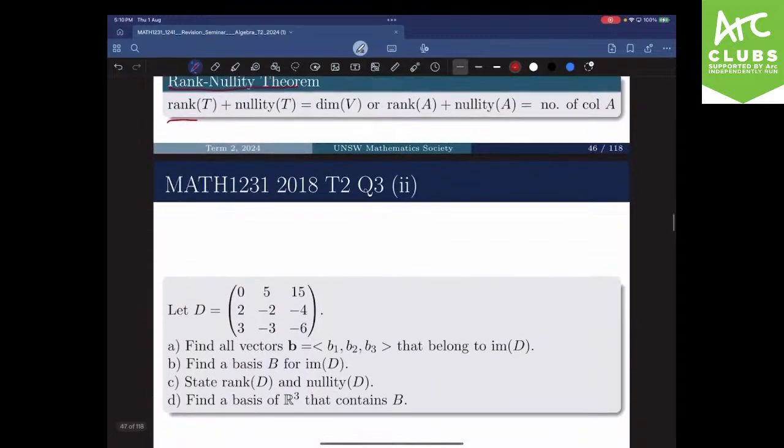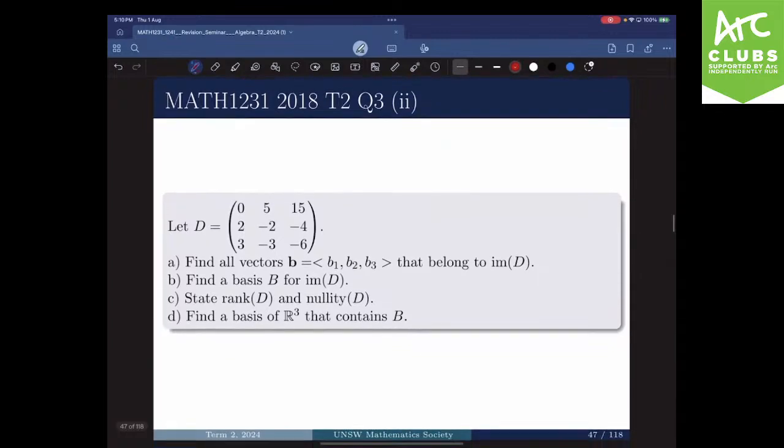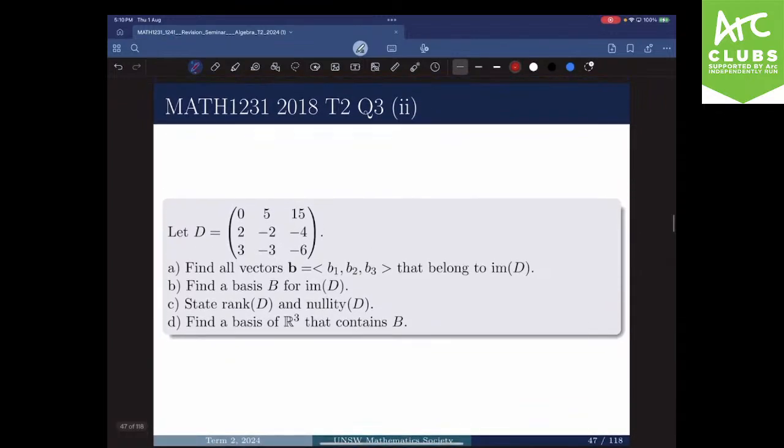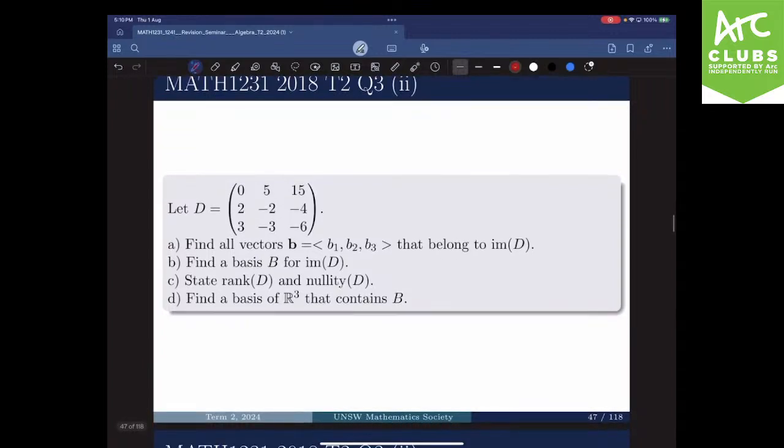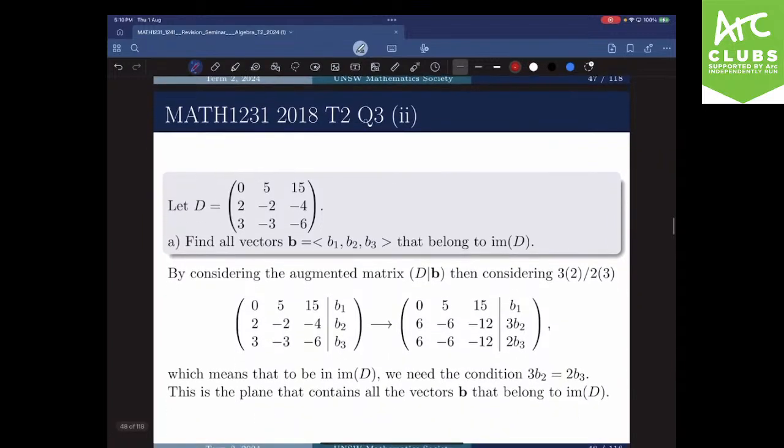So let's look at it with respect to this question here. We're given some matrix, and we have to find all the vectors that belong to the image, find a basis, and find the rank and nullity, basically determining some properties of this matrix. So let's just look at part A for now.